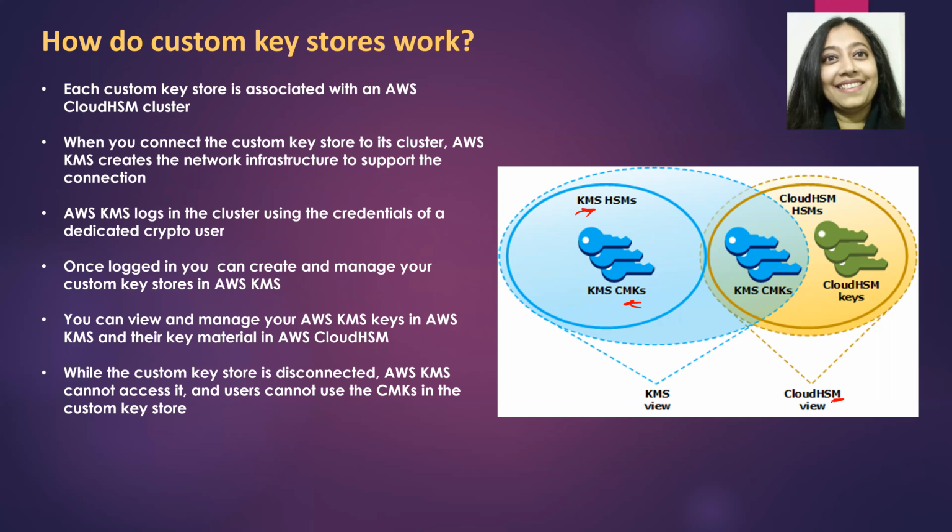Now, as you see in the KMS view over here, you can see your CMKs and the CMKs that are there in the hardware security module as well. From your CloudHSM view, you can see the other keys that are present in the HSM, plus the keys that were created leveraging KMS.